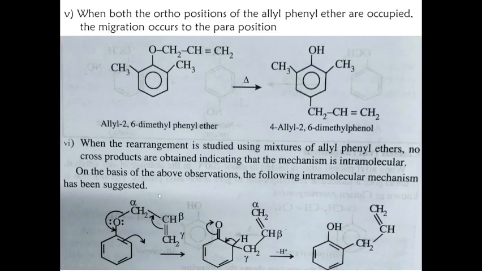So on the basis of this reaction, there is no formation of crossed product, indicating that the mechanism is intramolecular. So the reaction is taking place within the system. Intra means within. So there is no interchange taking place. On the basis of the above observation, the following intramolecular mechanism has been suggested.